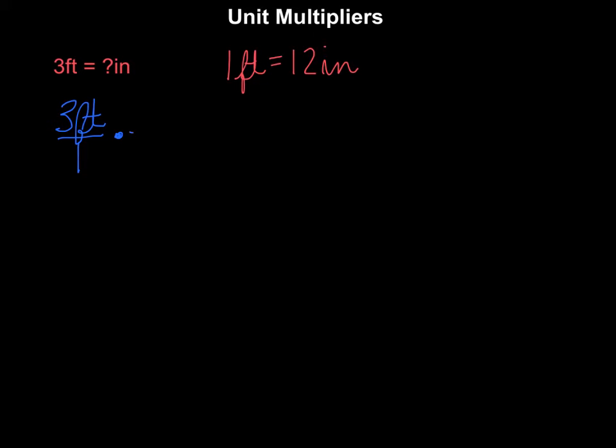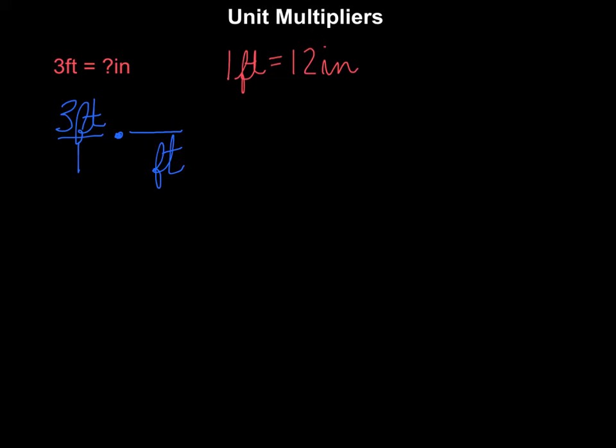So I'm going to put one of those amounts on top and one of them on bottom. And it's my choice which one goes on top, which one goes on bottom. However, only one arrangement will actually be helpful. So, since I have feet in the starting fraction in the numerator, in order to cancel those out, I'm going to want feet in the denominator.